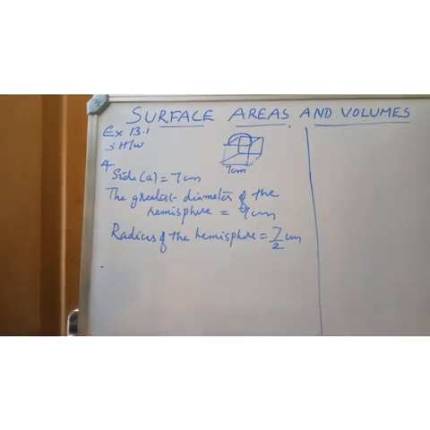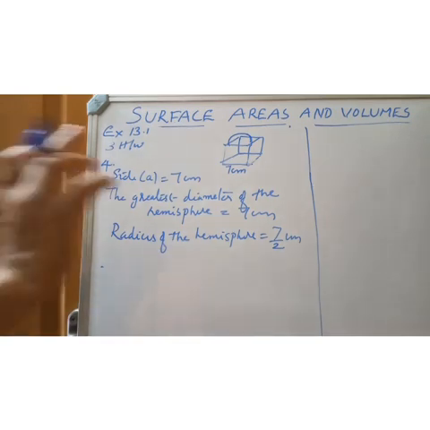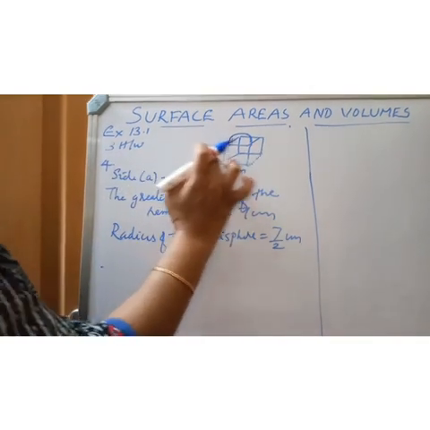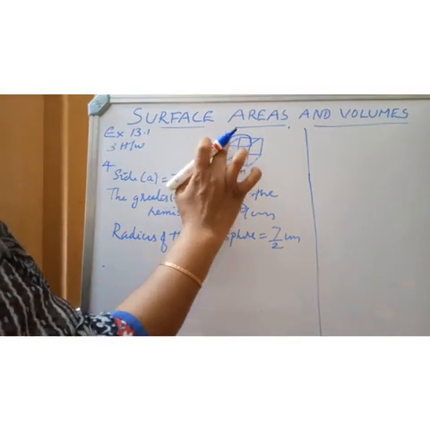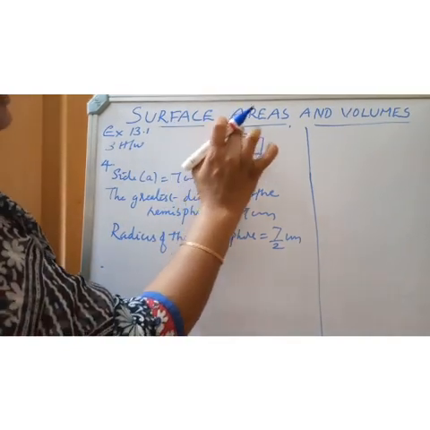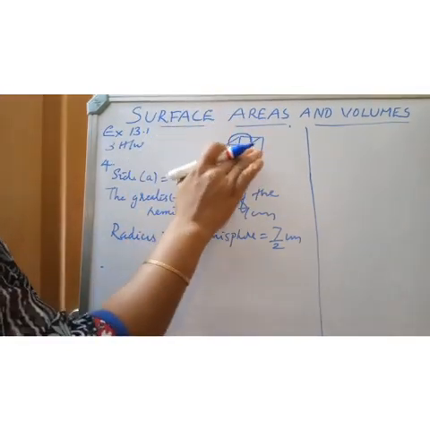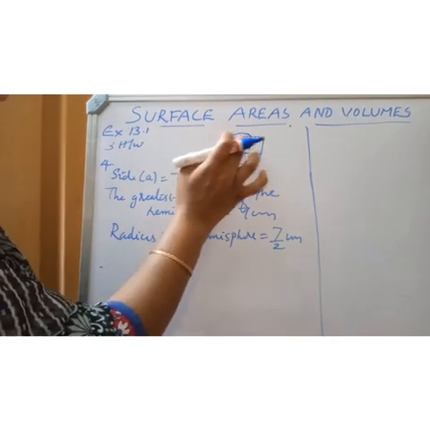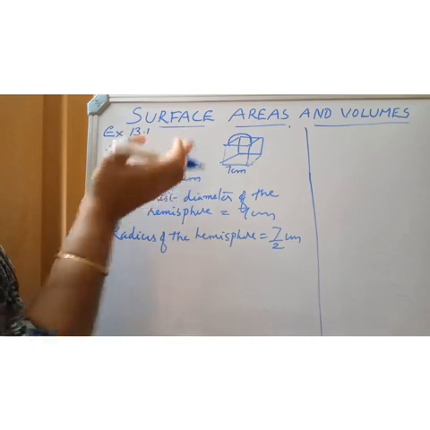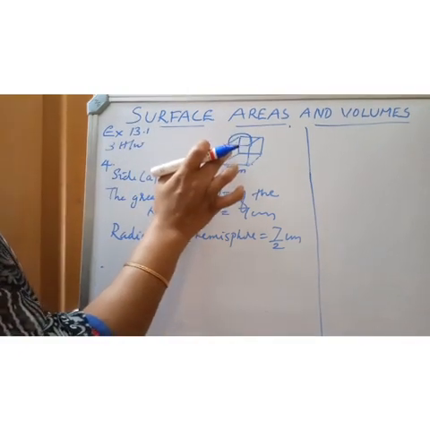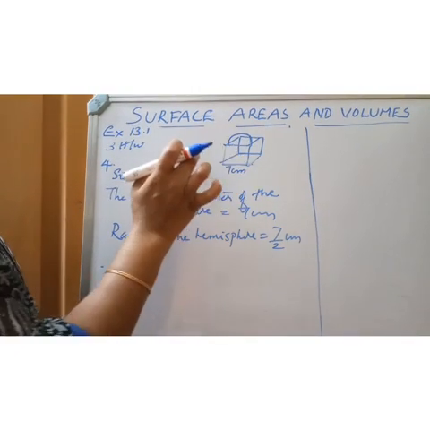Then you must see that they ask you to find out the surface area of the solid. The surface area of the solid means what? TSA of the cube. First TSA of the whole cube you have to consider. Then here this hemisphere is surmounted on the top of this one. So the hemisphere's base is in the shape of a circle, isn't it? That area you have to subtract from this one, because that we are not adding here.